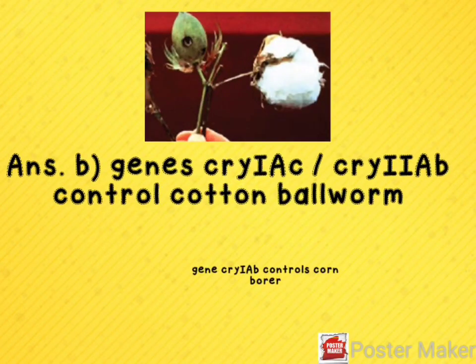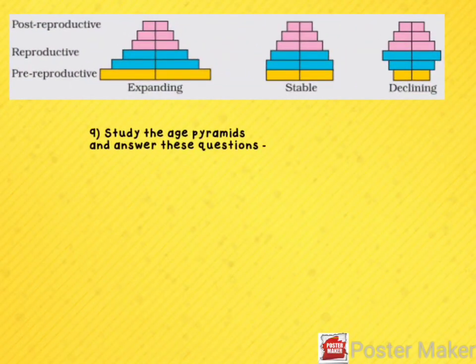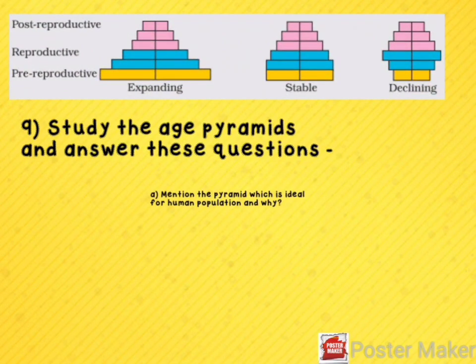And the second part, it's the name of the genes: Cry1Ac or Cry2Ab control cotton bollworm, and the gene Cry1Ab controls corn borer. So both the names of genes you have to remember in both the plants, cotton as well as corn. Next is question number 9.